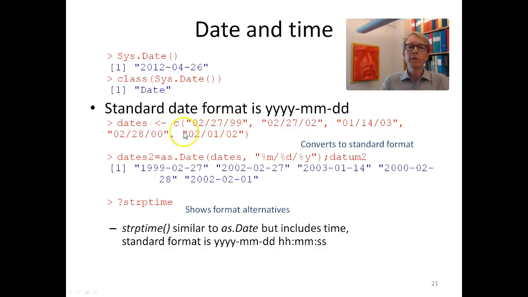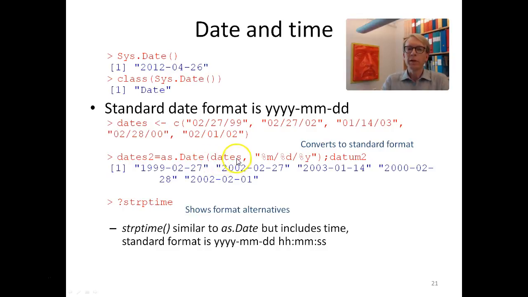And if you want to convert this into dates that R can deal with, then you have to use the command as.Date. And in this case it's small a with a capital D, so it's not always the same.